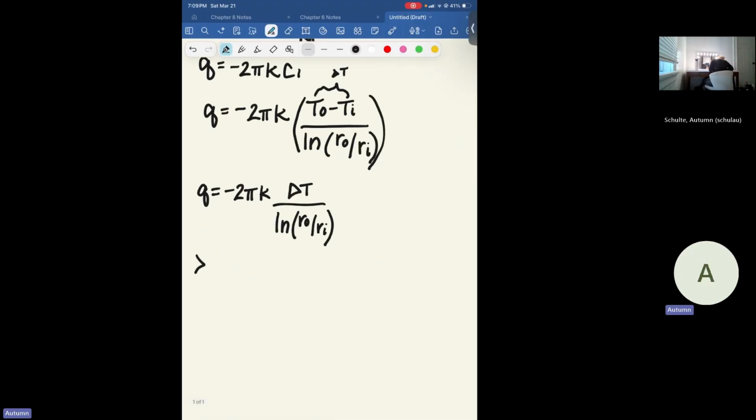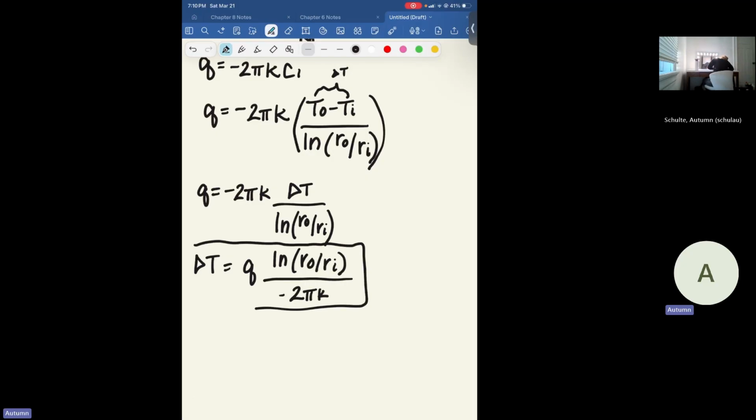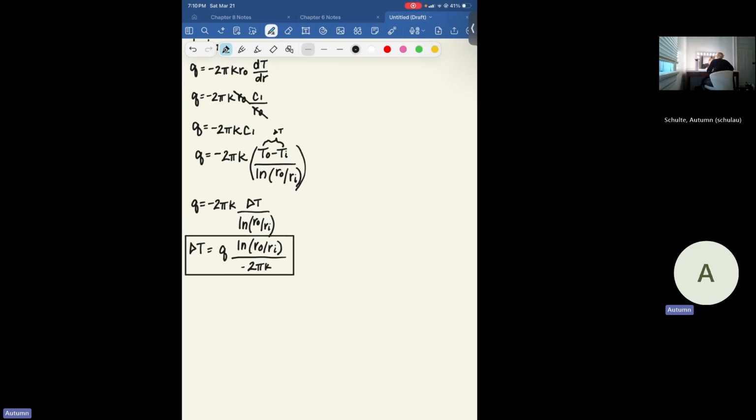So this is going to be delta T is equal to Q multiplied by the natural log of the outer radius divided by the inner radius all over 2 pi k. And that is how you solve the heat diffusion equation for cylindrical coordinates if you are at steady state with no energy generation and heat flowing only in the radial direction.